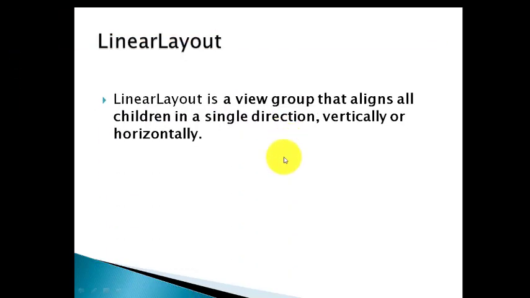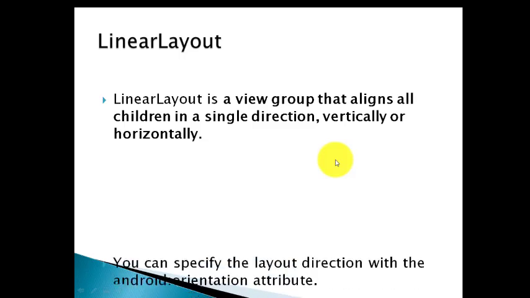Now, linear layout, one of the simplest layouts. This layout arranges the components or controls, aligning all children in a single direction, either vertical or horizontal. There are two possibilities in linear layout. All the children are arranged either vertically or horizontally.